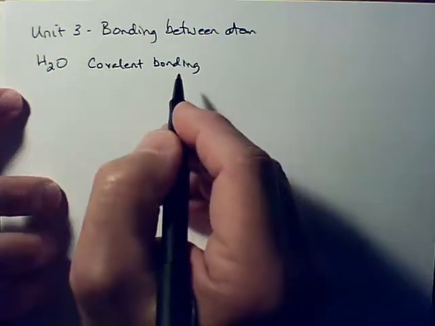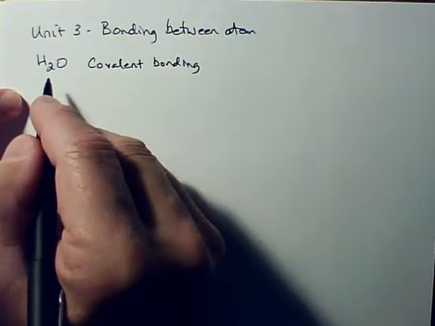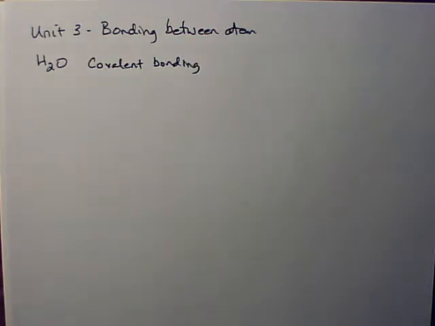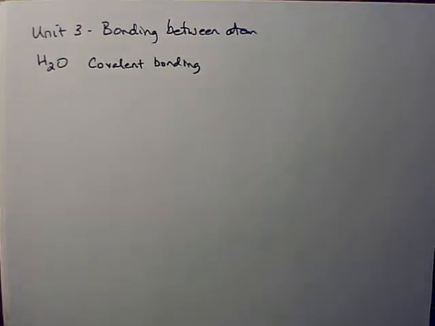Okay? So if we have covalent bonding, what happens with electrons when you do covalent bonding? They share. Okay, in covalent bonding, there is sharing of electrons. Again, that's physical science. I'm not going to spend a lot of time reviewing that.